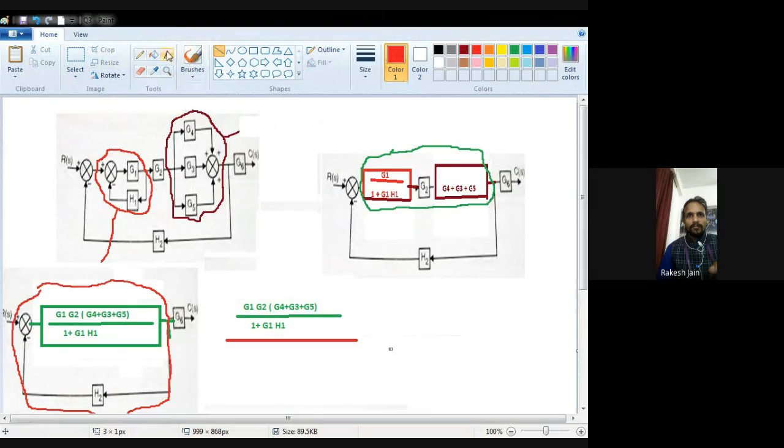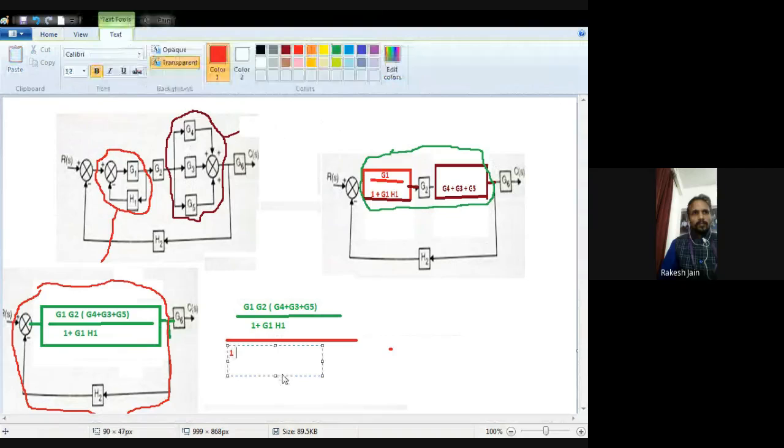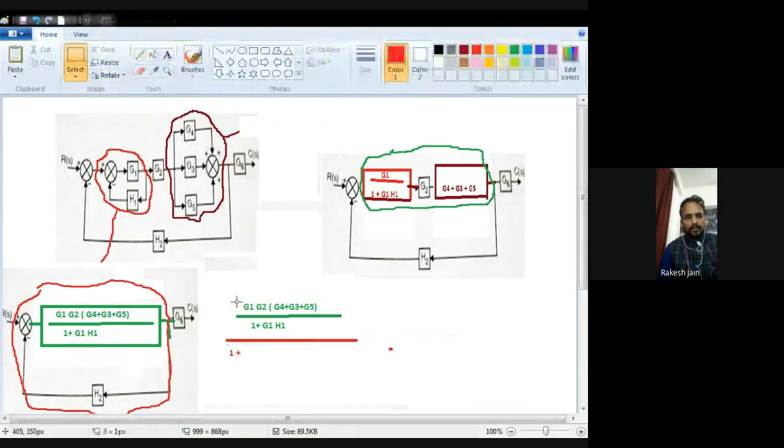What is the feedback sign? Because it is negative feedback, we have to put the positive sign. So 1 plus forward into feedback. Forward is this one, multiplied by feedback. What is feedback? H2. So H2 also comes on the upper side.